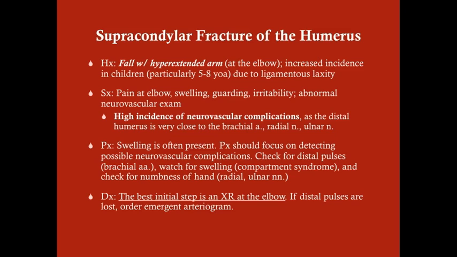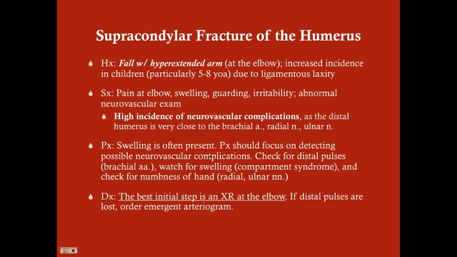It's better to just check for numbness of the hand because the patient's going to be in a lot of pain, and so you may get a false positive if you're checking for strength at the wrist. So check for numbness of the hand. That would be checking your radial, ulnar, and median nerve. And then, of course, always checking for swelling.